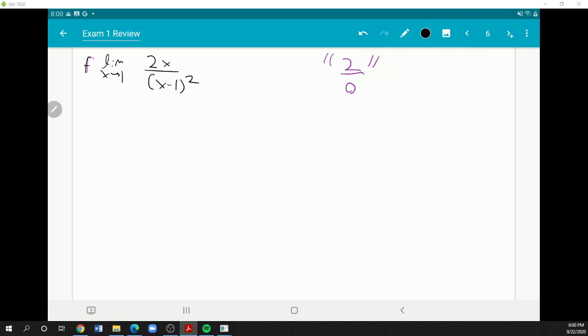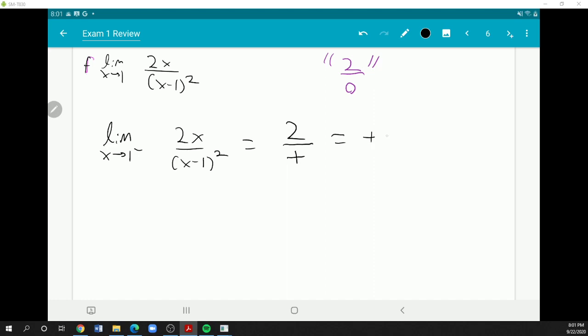So let's look at both sides. Limit x goes to 1 from the minus of 2x over x minus 1 squared. Let me write it like this. So I'm going to get 2 on top times, and then I'm going to write a plus, because no matter what this number is, it's x minus 1 and then squared, so it's going to be positive.